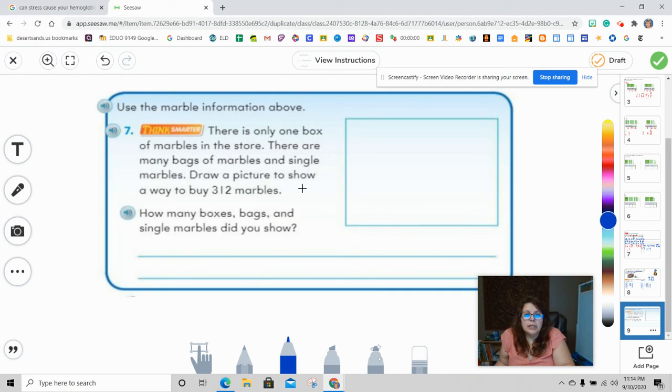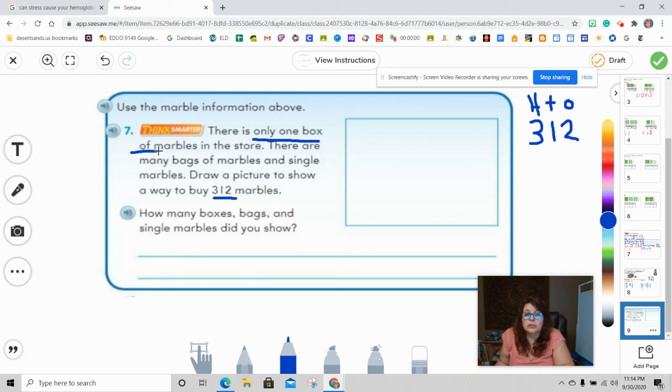Now it says draw a picture to show 312. So I'm going to write 312 over here. And you know what? I'm going to do it the easy way. I want to get it right. H T O. There. Now it says there is only one box.